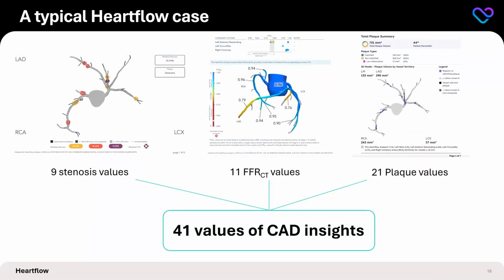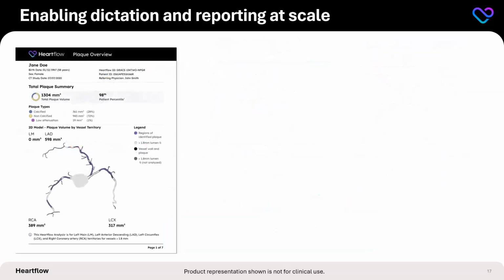Now, all these new insights obviously create a lot of opportunity in understanding coronary disease, but I also want to be realistic that it creates a lot more information to report and dictate. The good news is there's RVUs for FFRCT, there's RVUs coming for plaque, but the other thing we're doing at Heartflow is working on automated reporting to help you do this at scale.